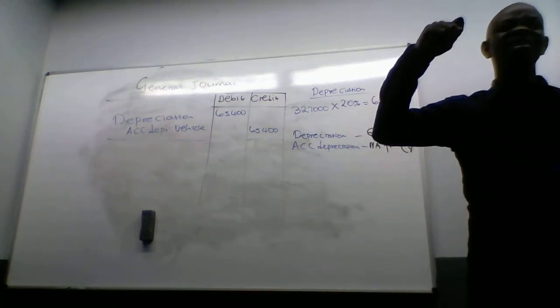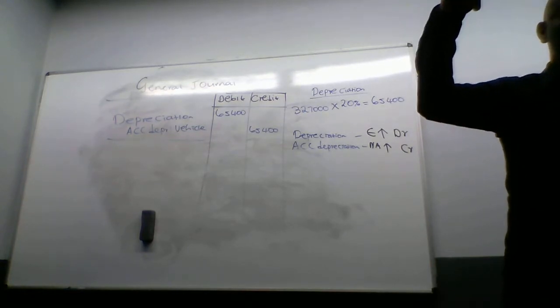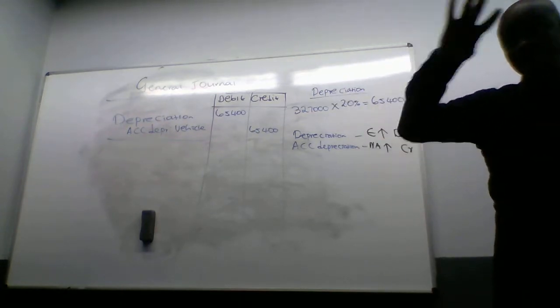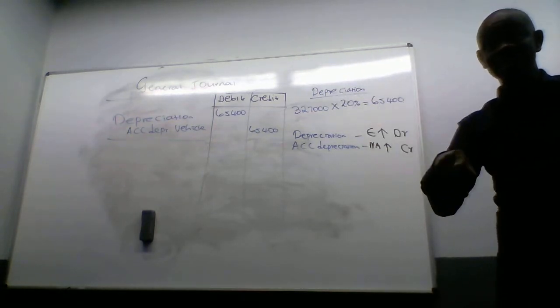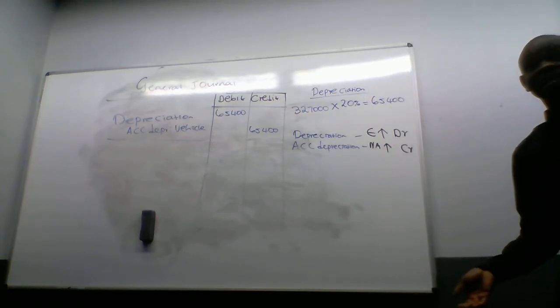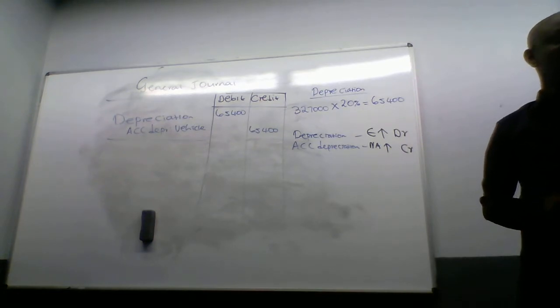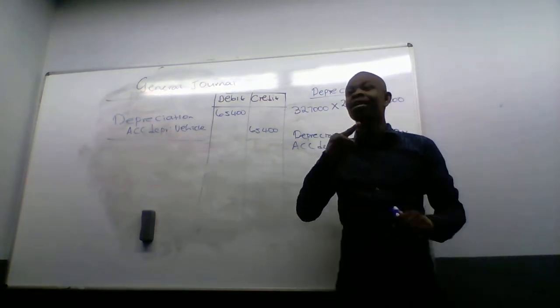Less or add? Yes. And then capital at the end of the period. Before that, profit or loss. It depends whether it's profit or loss, you either add or deduct, and thereafter you find the closing capital. Okay, now I know we still have to do something. Yes. That was sole trader.